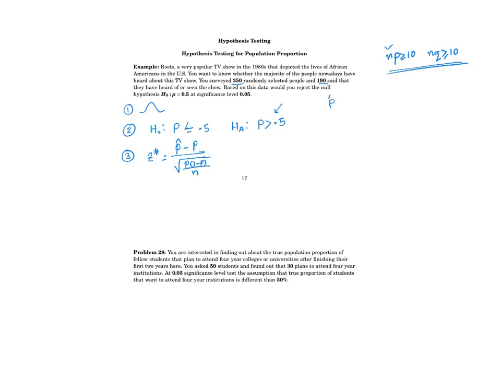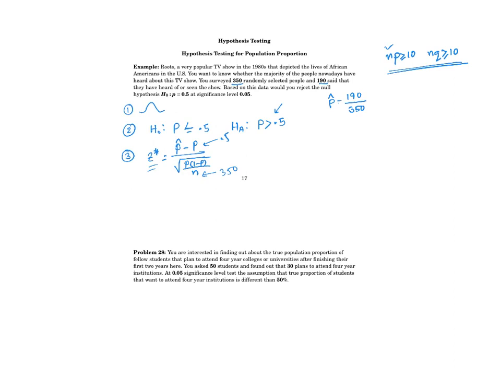So P hat is equal to 190 over 350, P is 0.5, and N is 350. You have all of these numbers, so you can plug them in and you'll find the Z value, I mean Z star or test statistic.